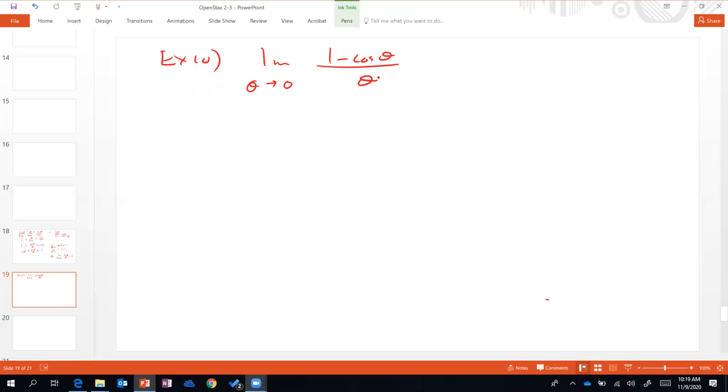Anybody flip back to their notes? What did we get for a limit for this initially? So I should say prove. 0. Oh, this one became 0. Okay, that makes sense.